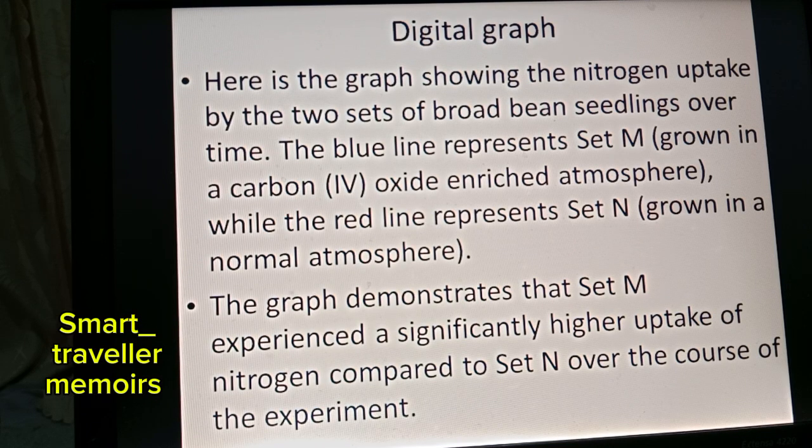Here is the graph showing the nitrogen uptake by 2 sets of broad bean seedlings over time. So this is generated. The blue line represents M, while the red represents N. The graph demonstrates that set M experienced a significantly higher uptake of nitrogen compared to set N over the course of the experiment.